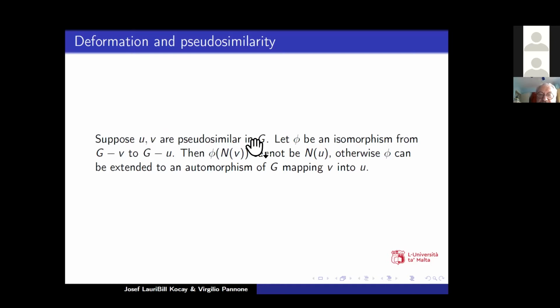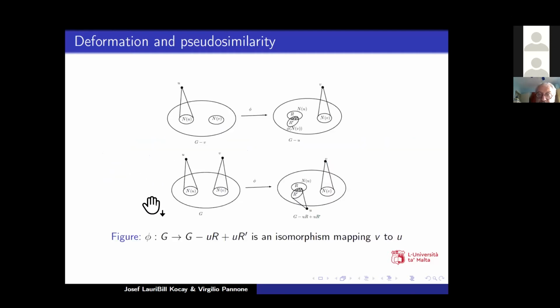Suppose these two vertices are pseudosimilar in G. So there is a phi isomorphism from this to this. Then the neighbors of the missing vertex V cannot be mapped to the neighbors of the missing vertex U, because otherwise phi can be extended to an automorphism of G mapping V to U. A picture will make this clearer.